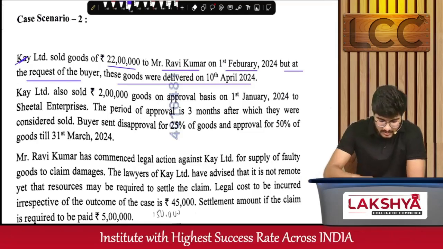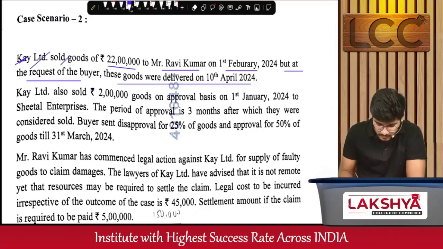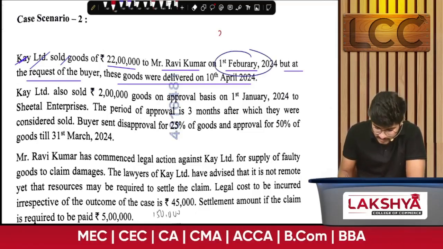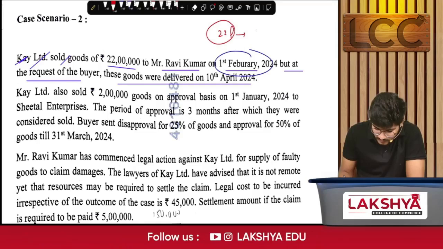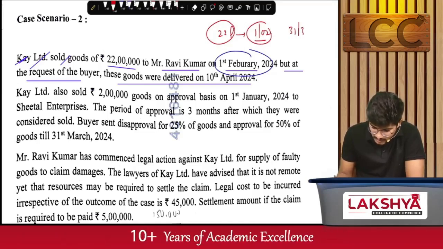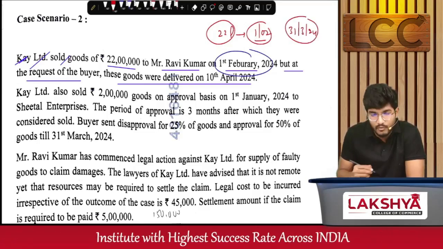Here the sale of goods by K Limited to Mr. Ravi Kumar was completed on 1st February itself. That means we should recognize 22 lakhs on 1st February itself. That is before 31st March 2024.